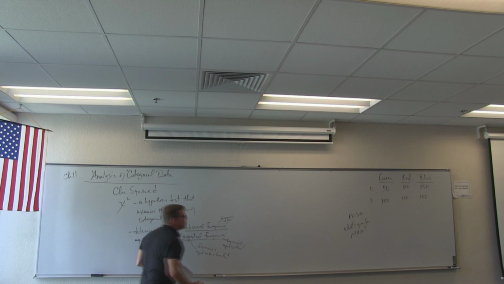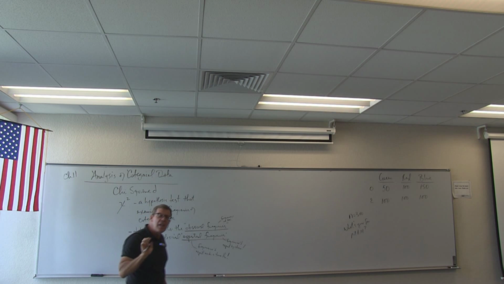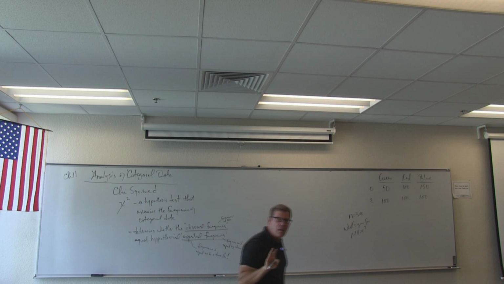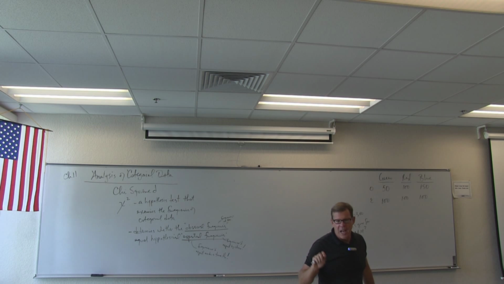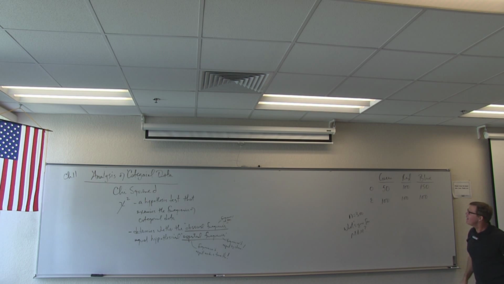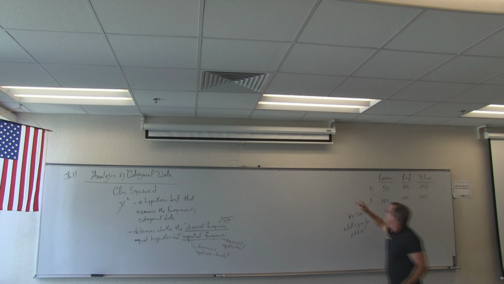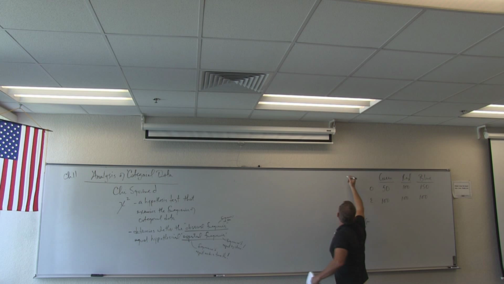Think about the characteristics of the null. What mathematical symbol is always in that null? The equal sign. Equality. We have a null hypothesis in the chi-square, which states that the observed frequencies equal the expected frequencies.